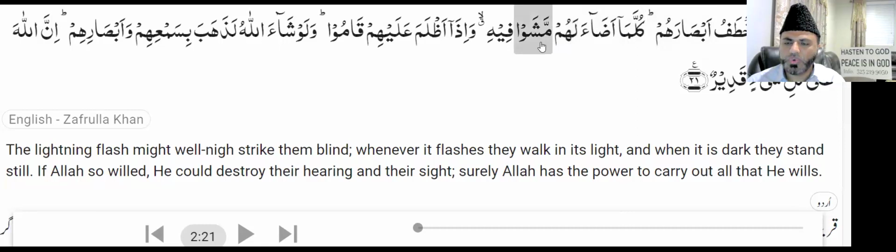Lahum mashaw. We have learned that if after sukoon is tashdid, this letter of sukoon will not be pronounced. If a sakin letter is followed by tashdid, then this sakin letter will not be pronounced.